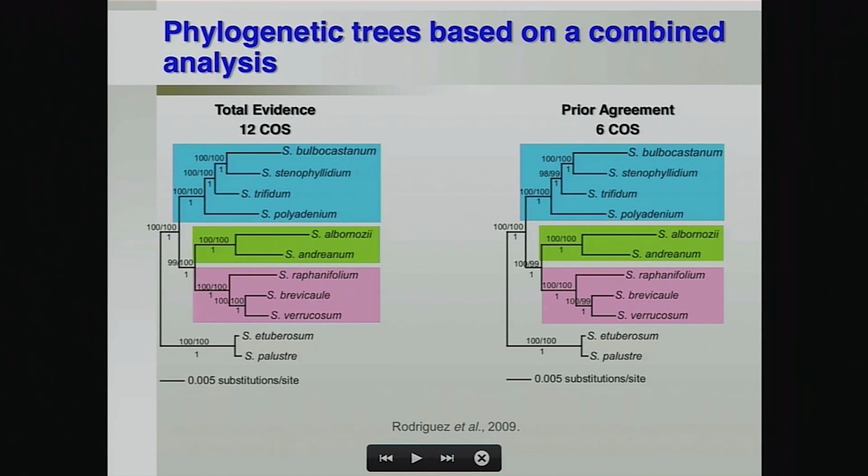More or less it's the same concept. And when we did the analysis with the prior agreement, doing the test that I mentioned, single analysis of these genes, we found that using 6 codes, we can get the same resolution. But we don't know about the other histories of potatoes.